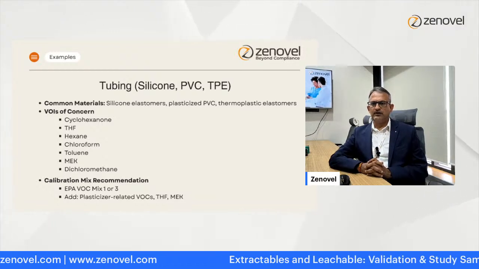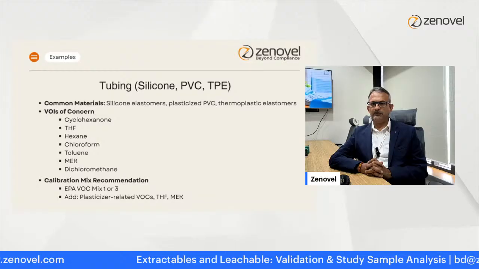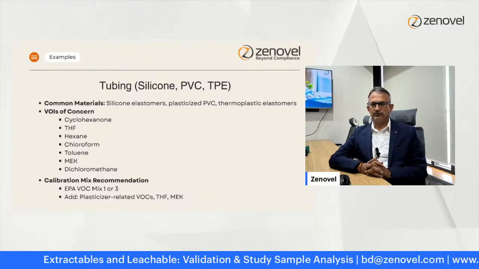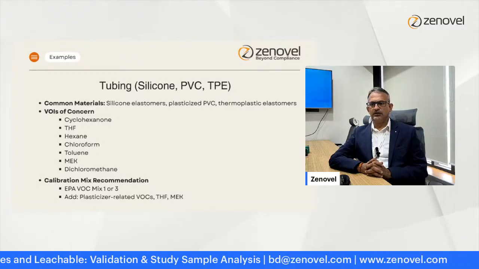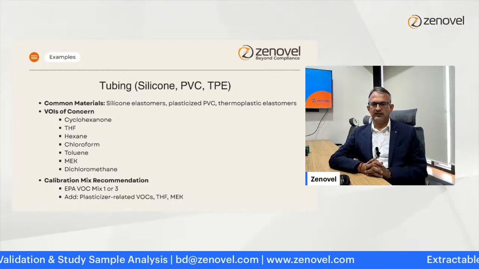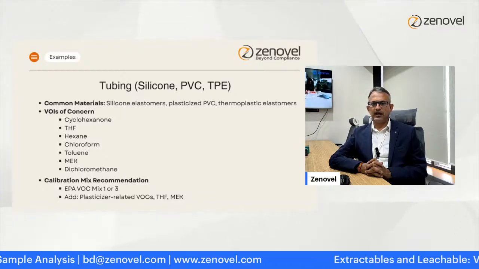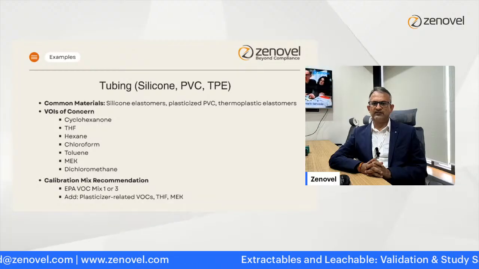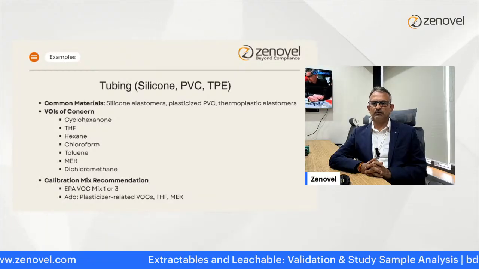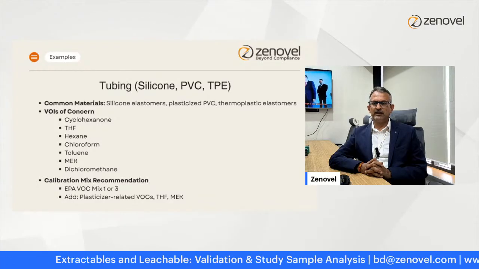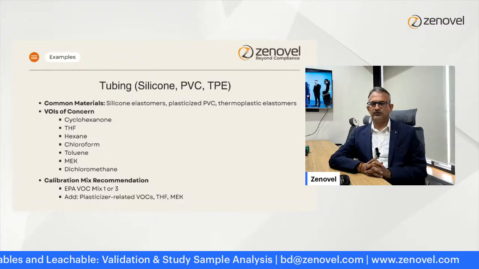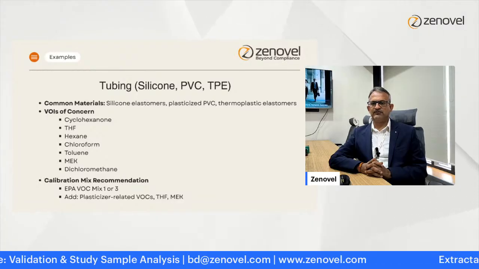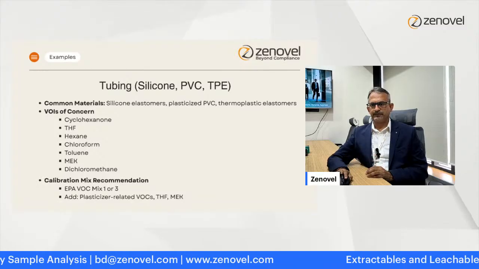For tubing containing silicone, PVC, and TPE, the common materials are silicone elastomers, plasticized PVC, and thermoplastic elastomers. Here the list of VOCs of concern is provided, and the recommended calibration mix is EPA VOC mix 1 or 3, and we can also add plasticizer-related VOCs, THF, and MEK.